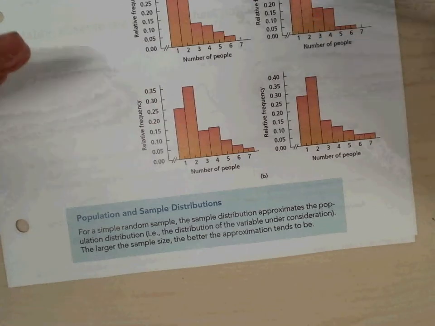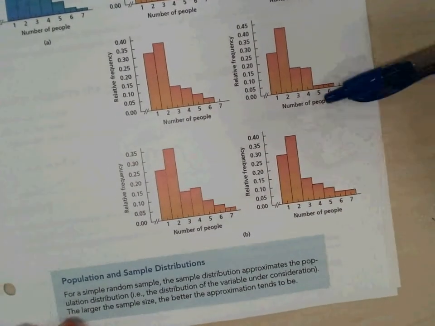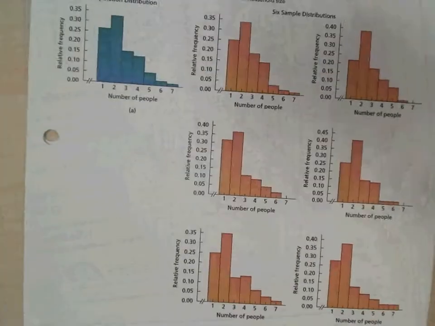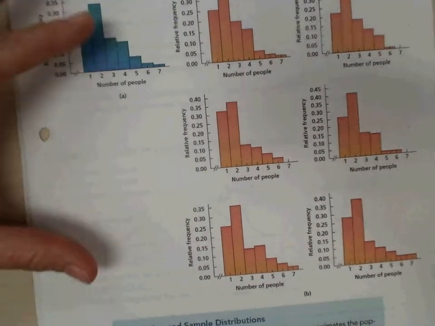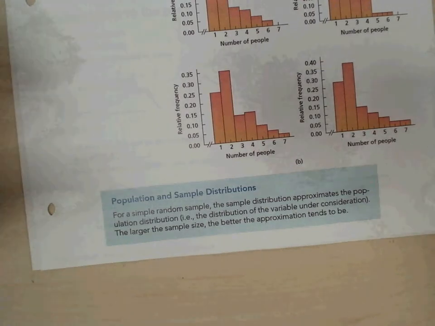In conclusion, we look at these different sampling distributions. None of them is exactly the same as the next one, and none of them exactly matches the population. That'd be a big fluke if that happened. It's possible, not likely. So a key statement is in this blue box below, population and sample distributions.